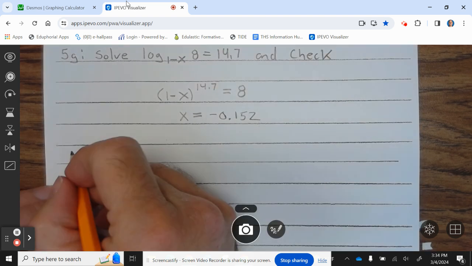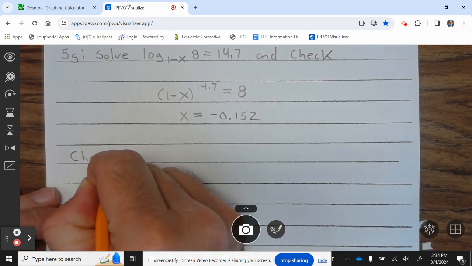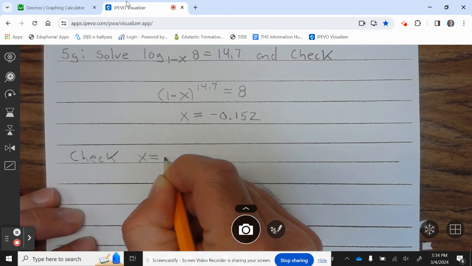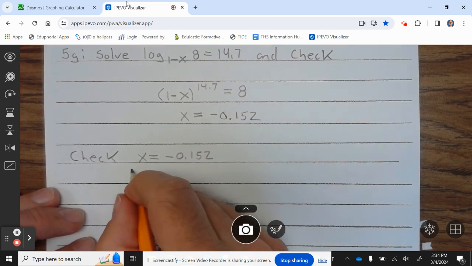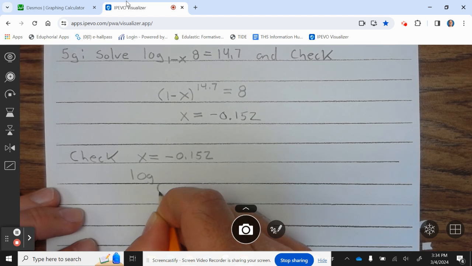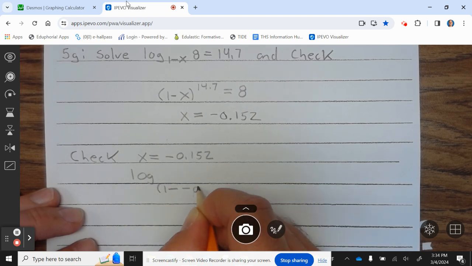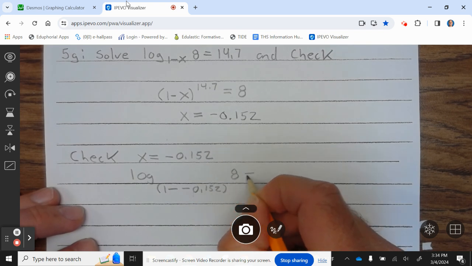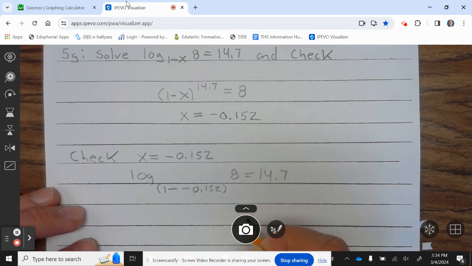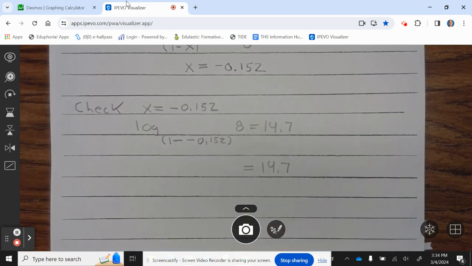Okay, let's go ahead and check. So then that's log of 1 minus negative 0.152 to the 8th power equals 14.7. You know the right side is 14.7. Let's see if the left side is.